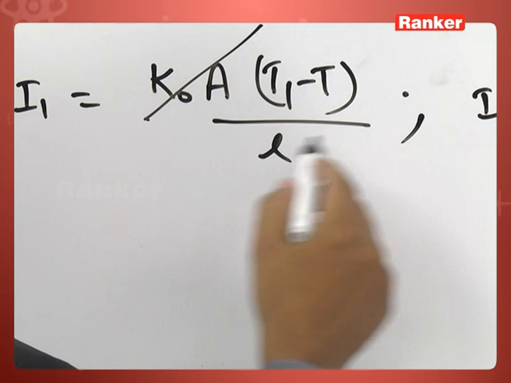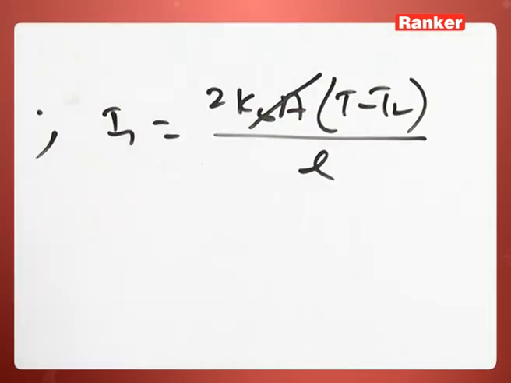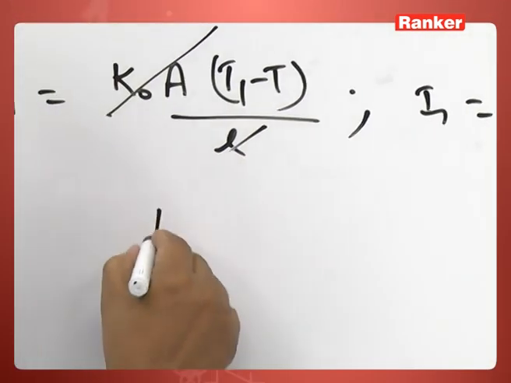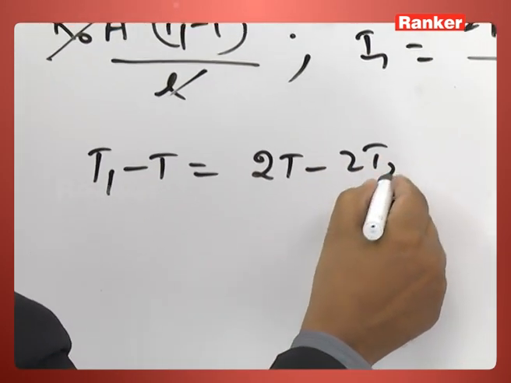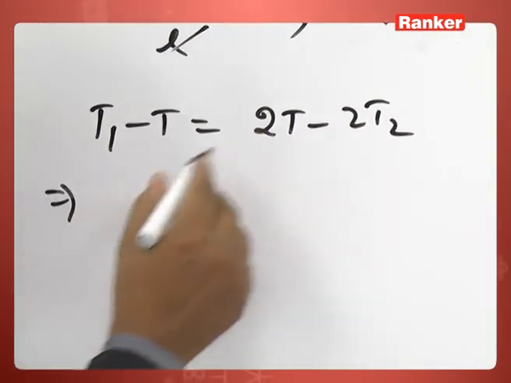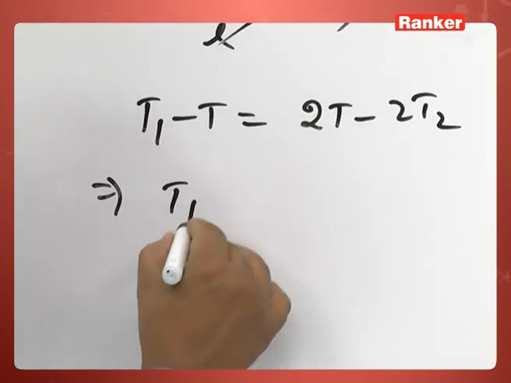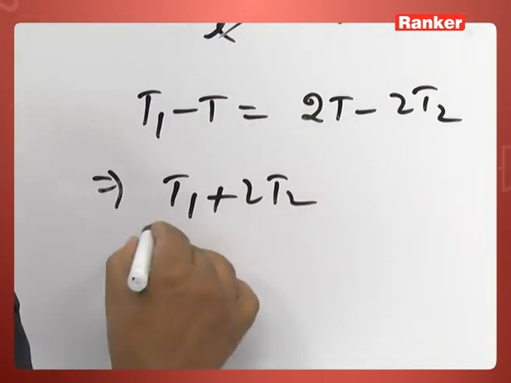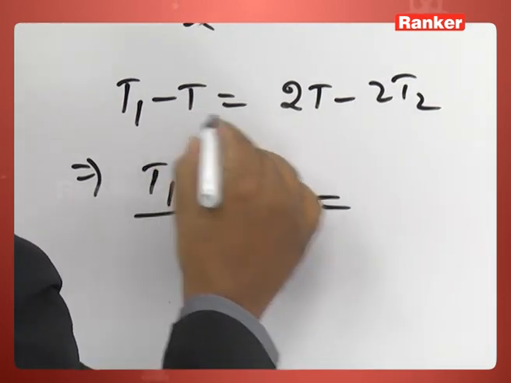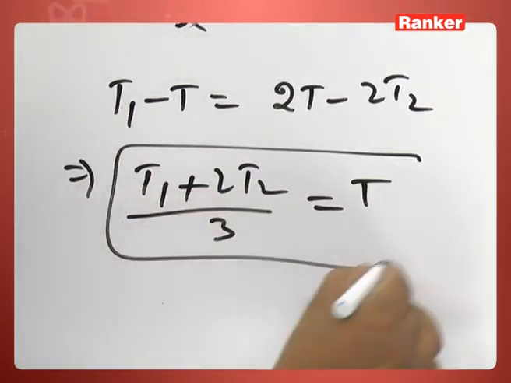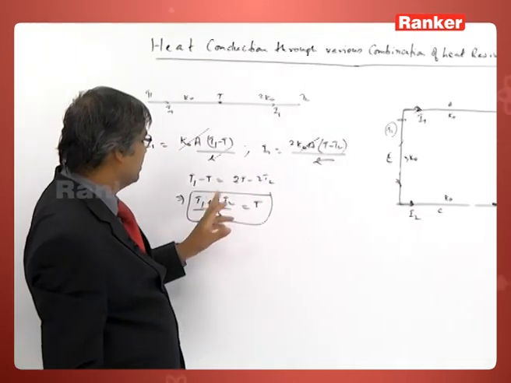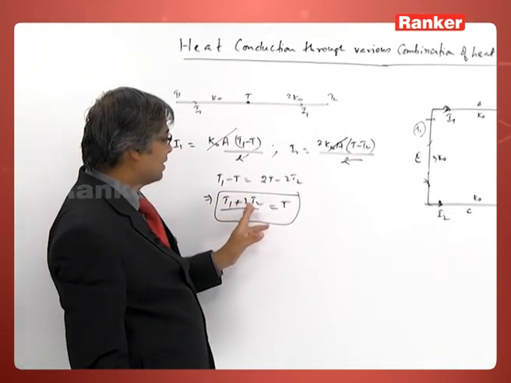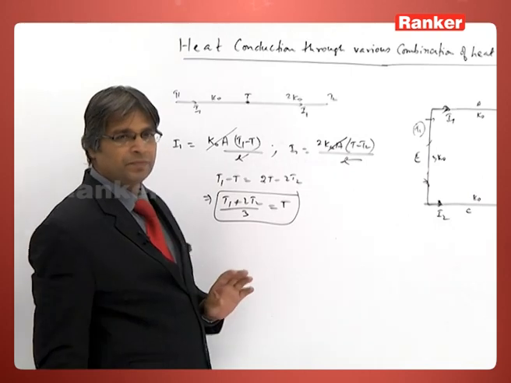So, we have K naught A, K naught A, L, L. So, we have T1 minus T is equal to 2T minus 2T2, which implies T is equal to (T1 plus 2T2) by 3. So, we have the temperature as T equal to (T1 plus 2T2) by 3.